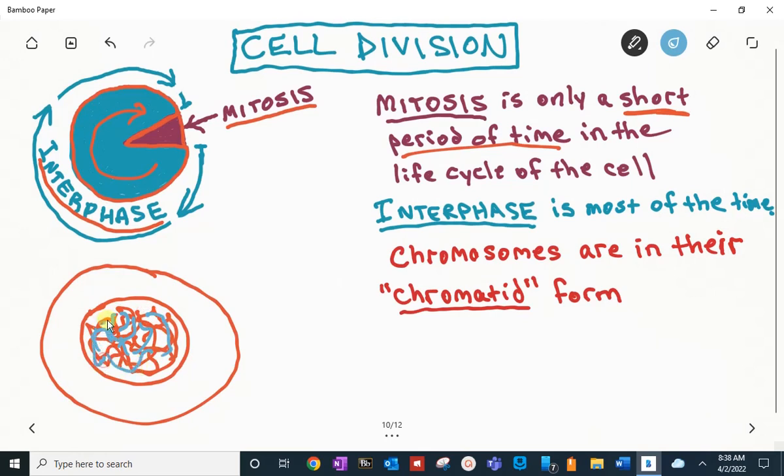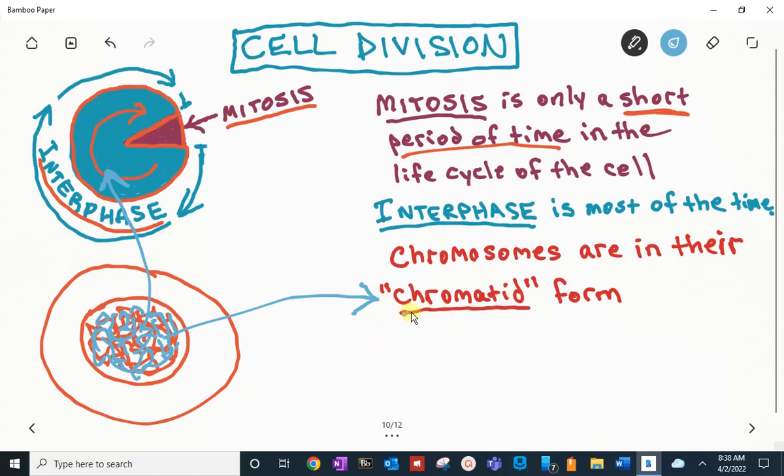And so you have the mom's and dad's chromosomes all unwound into this big messy ball of string, pretty much. And that is how it normally is in interphase. That's how our chromosomes are normally in interphase. And this is called the chromatid form.